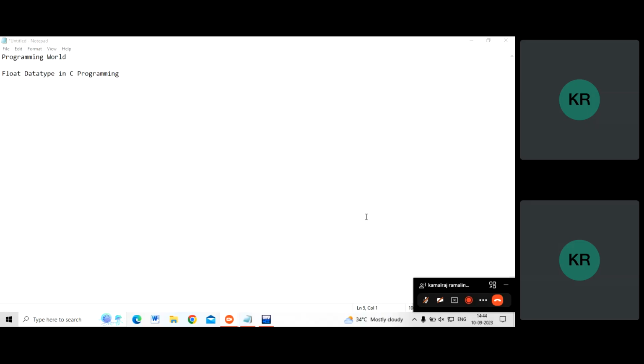The float data type is for decimal point values, which helps us process decimal numbers. For example, 20.5, 24.67, or 0.789.